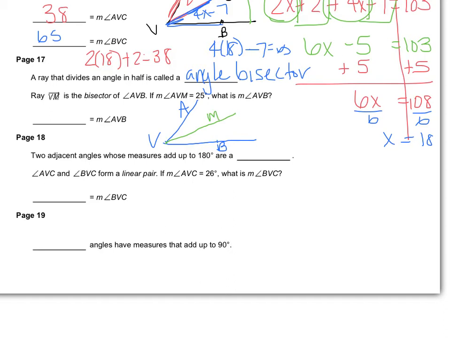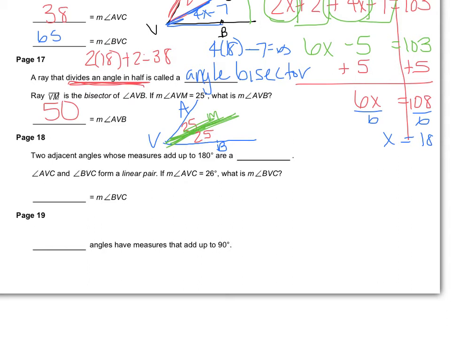So AVM, they tell us, is 25. It wants to know what's AVB. Well, if VM, the green line, splits it in half, then if the top half is 25, the bottom half is 25, that makes the whole thing 50. So an angle bisector divides an angle in half.